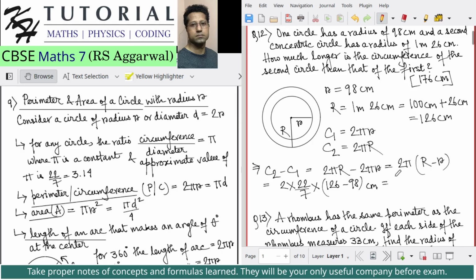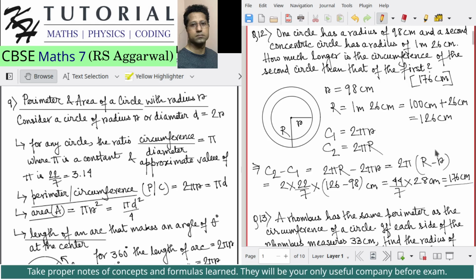This is equal to 44 by 7 multiplied by, how much is 126 minus 98? 28 centimeter, and this will be equal to 176 centimeter. So the circumference of the second circle is 176 centimeter more than the circumference of the first circle.